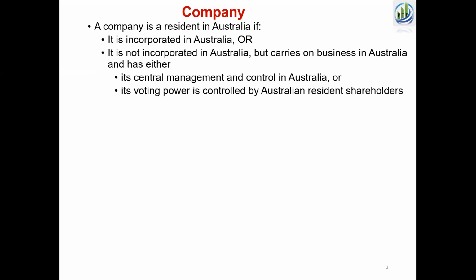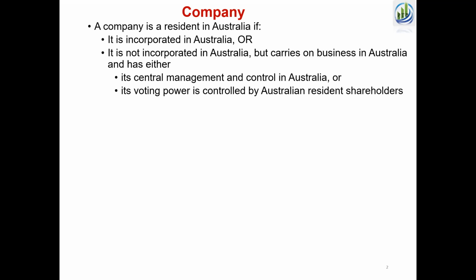So what's that first one? If they're incorporated in Australia, it's going to be a resident company. You are not incorporated in Australia, but you are doing some business here. If your central management and control is in Australia, we can say you are an Australian resident company.